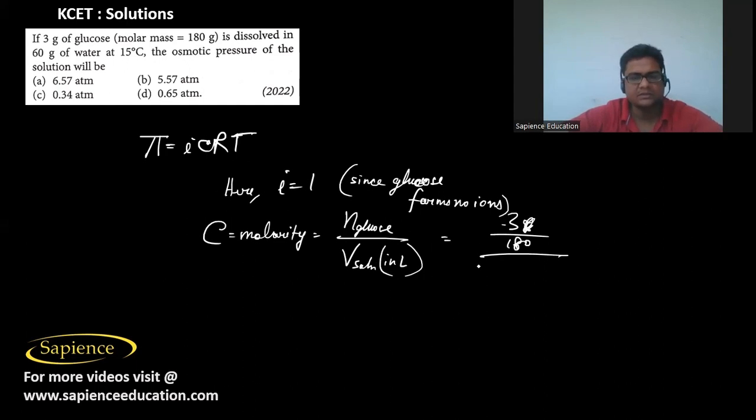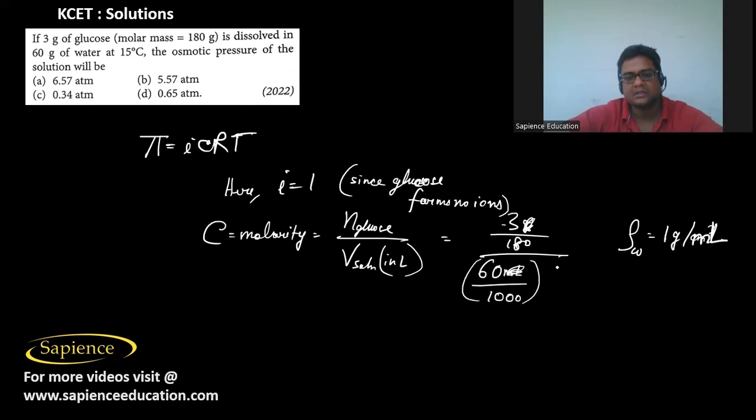So we can say that, and we know that the density of water is 1 gram per centimeter cube, or 1 gram per ml. So therefore 60 gram means 60 ml. In liter I should take, so it will be 60 by 1000 liters.